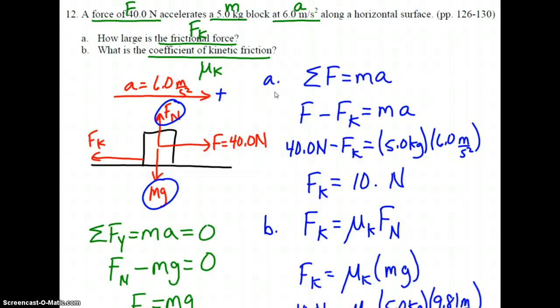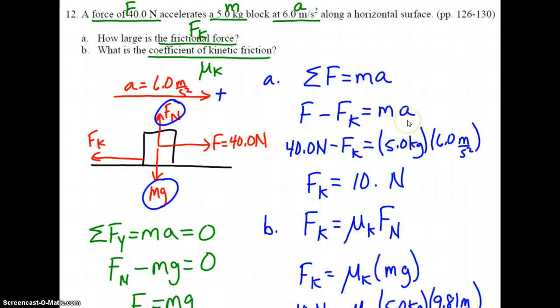For A, how large is the frictional force? We start with Newton's second law statement, sigma F equals ma. The next question we ask is, is this object accelerating? And the answer is yes, so we leave it just as is. Our next step, we summate the forces. We have the forward force F minus the kinetic friction backwards, so F minus Fk equals ma.